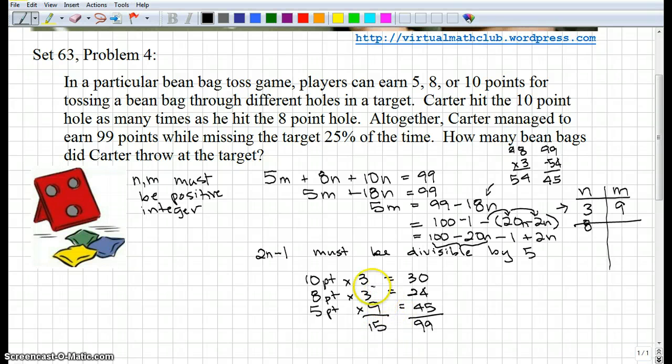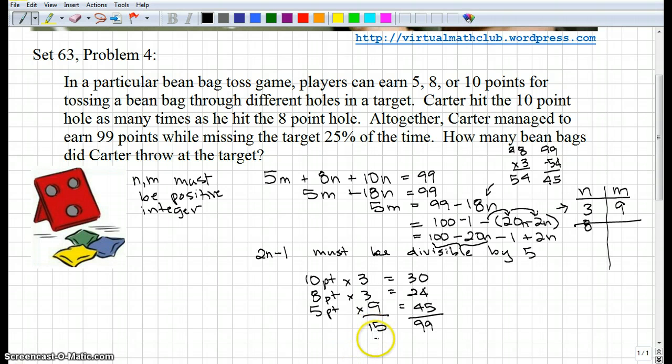Because we actually had to find out how many total bags he threw at the target, and we know that he missed 25% of the time. So this is only 3/4 of the total number of bags that he threw, because 25% of them missed, which is 1/4. So 1/4 of them missed, 3/4 of them hit.